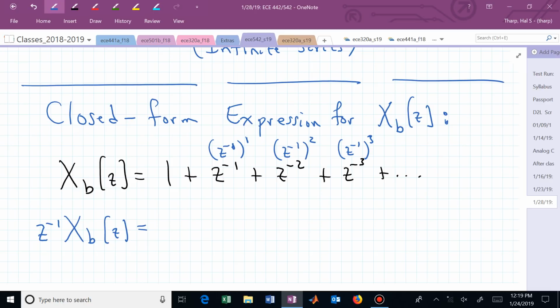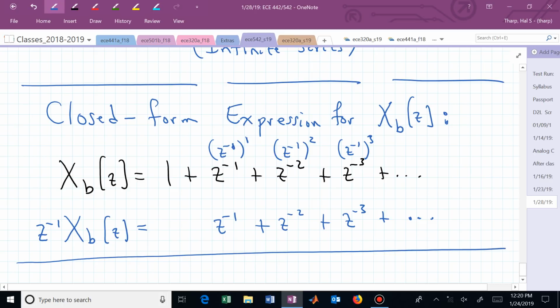So we multiply 1 times z to the minus 1, and we obtain z to the minus 1. We multiply z to the minus 1 times z to the minus 1, and we have z to the minus 2. And now what's nice is we have the same tail of this expansion, or of this infinite series, in the first row as we do in the bottom row. And we can now use that to our advantage. The tail looks the same.